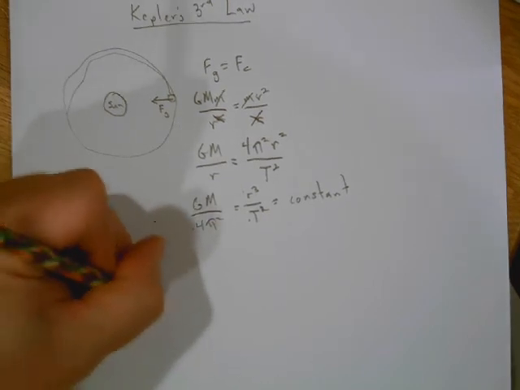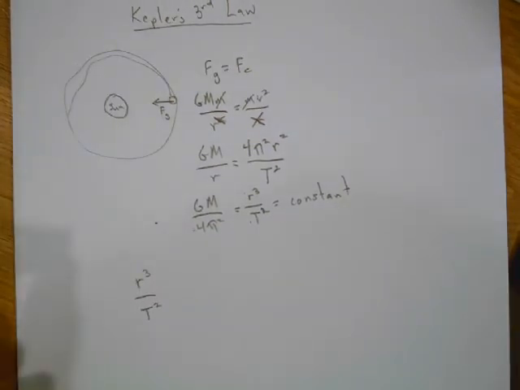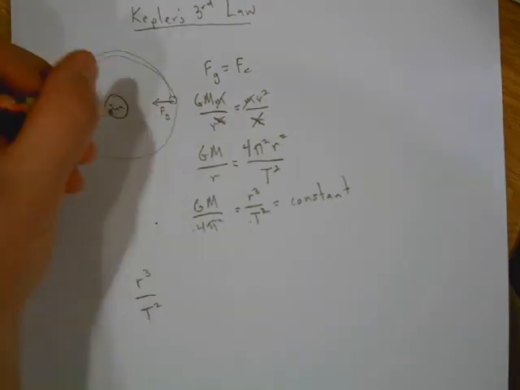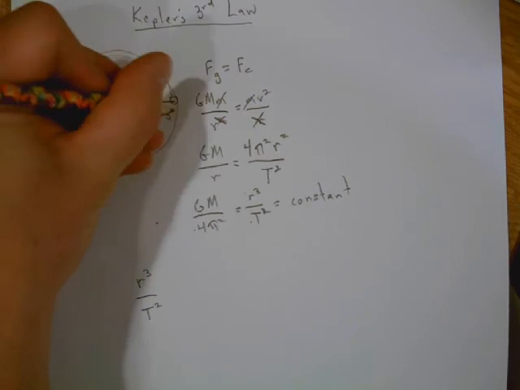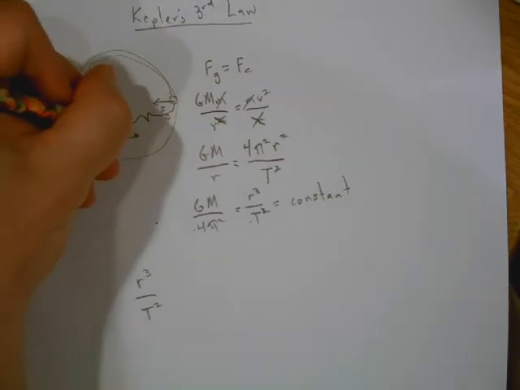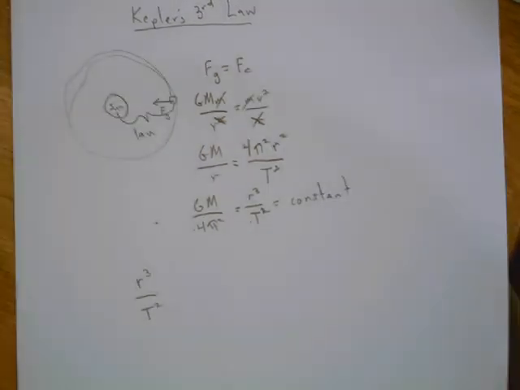This is where astronomers were smart. For the Earth, they're going to call the average distance from the Sun 1 AU.